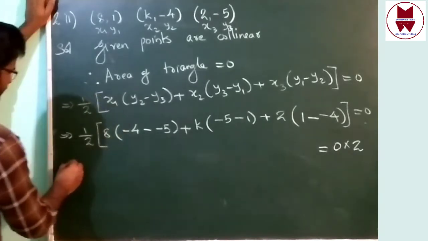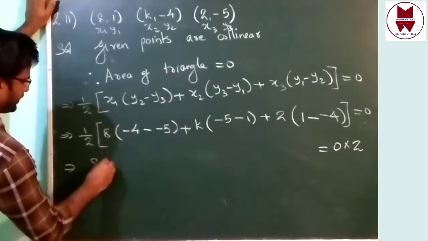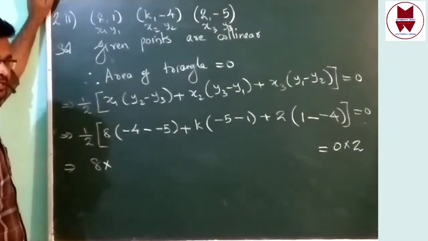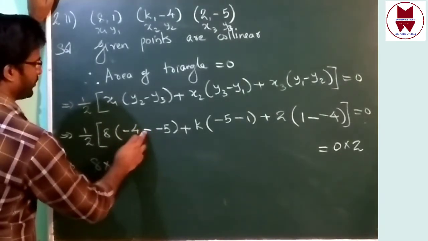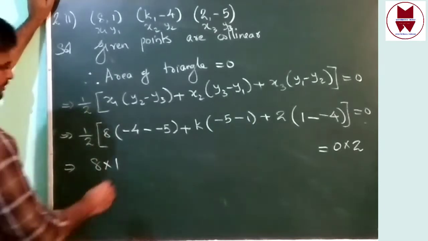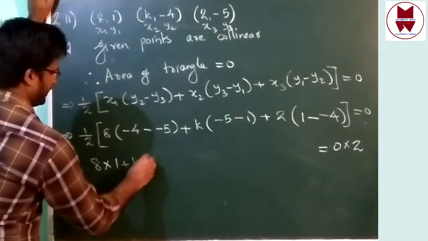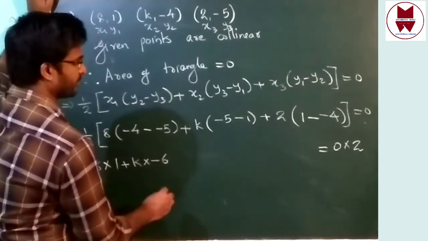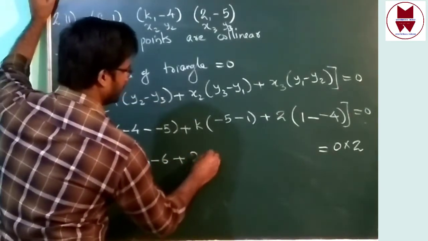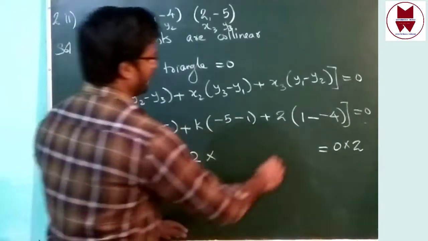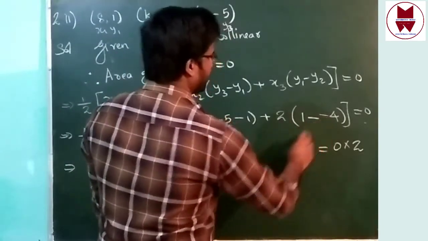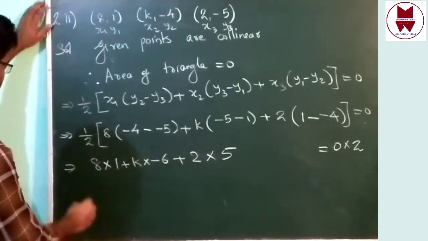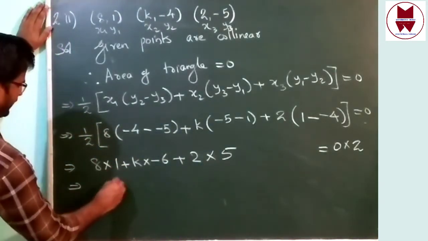Then remaining part only we can write in here. 8 into minus 4 minus minus plus 5. Minus 4 plus 5 will get 1, plus k into minus 5 minus 1, minus 6, plus 2 into 1 minus minus plus 1 plus 4, 5. 8 into 1, 8.